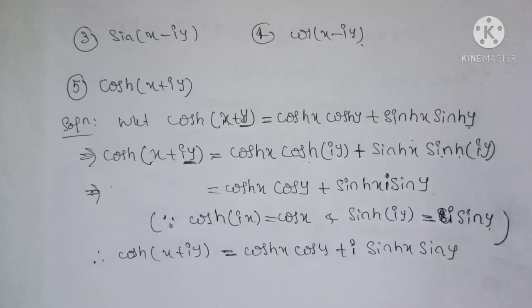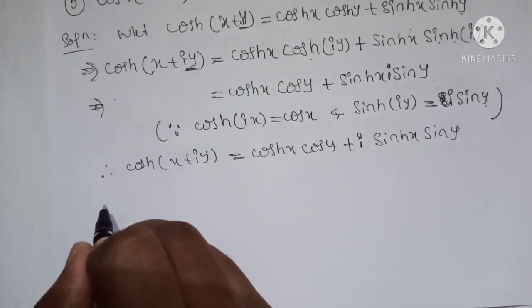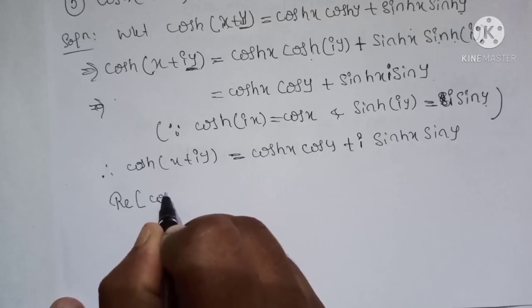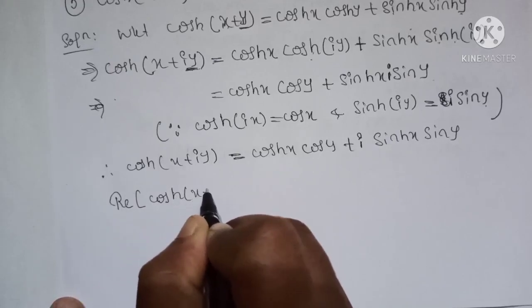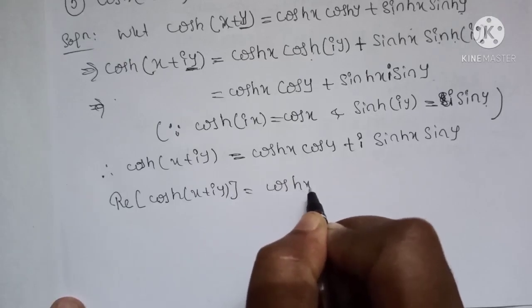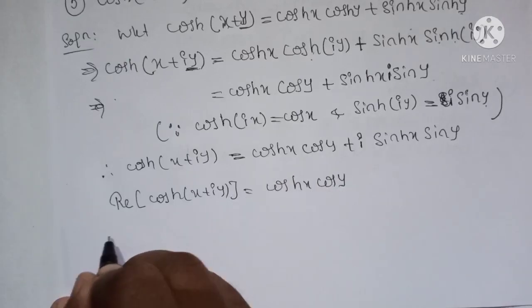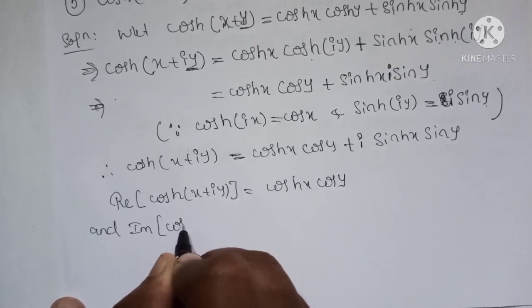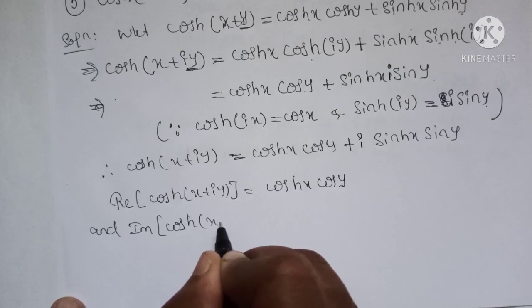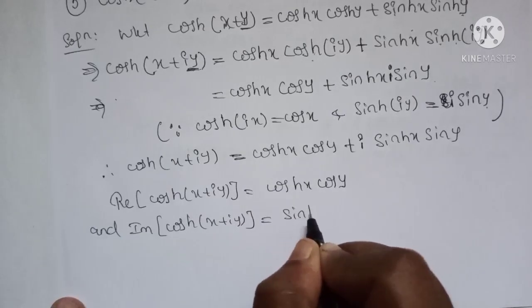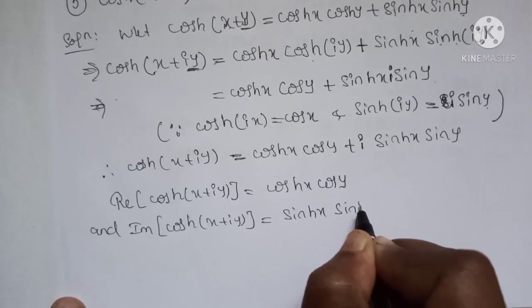Now separating real and imaginary part, the real part will be cos hx cos y, and the imaginary part is sin hx into sin y.